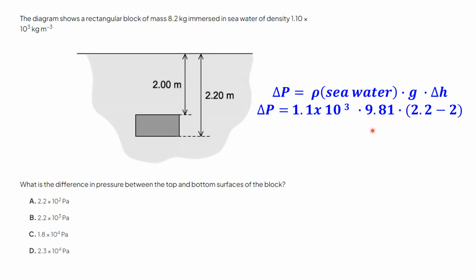And this is the acceleration of gravity. And this is the difference in height, 2.2 minus 2. So the product of this equation is 2.2 times 10 to the 3 Pascal, which is the answer B.